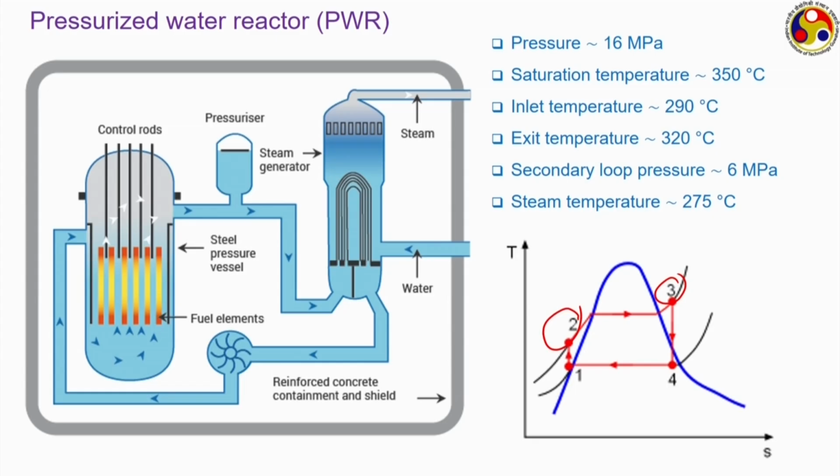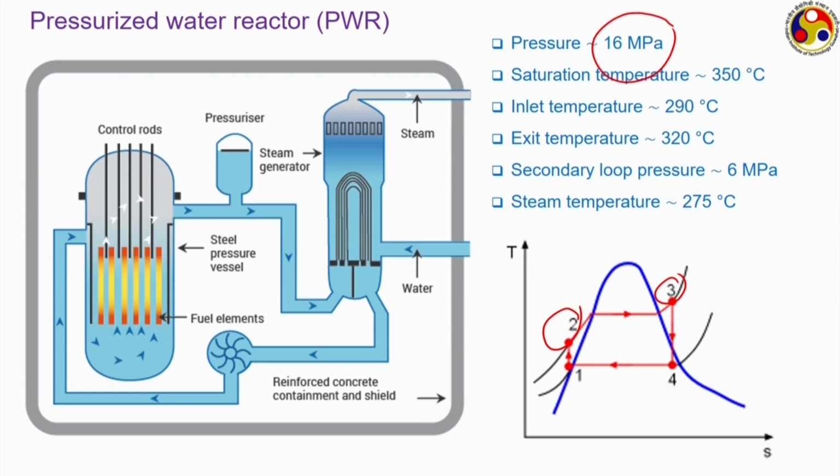But one difference between coal based power stations and PWRs is that the energy released during fission is much higher compared to the energy released during coal combustion. But the question is, how can we ensure this system pressure of 16 megapascal?